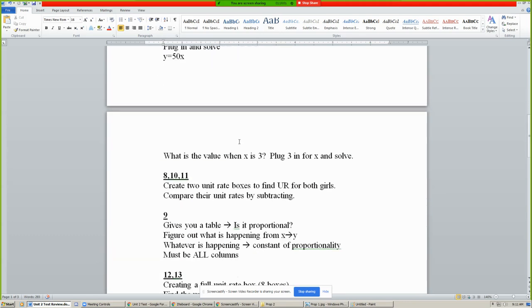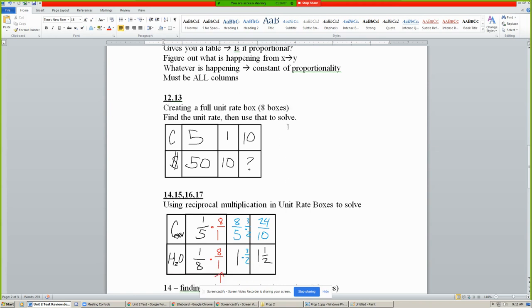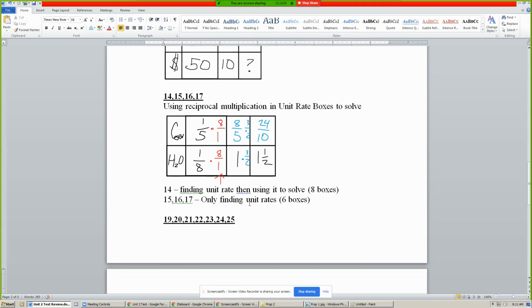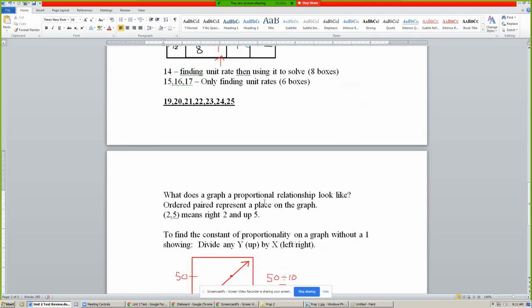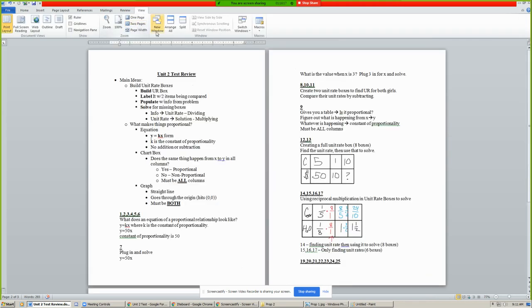Through 7 as well. 8 through 17, you're kind of working on equations and unit rate boxes and fractions. And then 19 through 25, you're working on graphs. Okay. I kind of tried to section them out so they would be a little easier to work through. You wouldn't have to constantly be jumping back and forth on those. Okay. Let's save this.